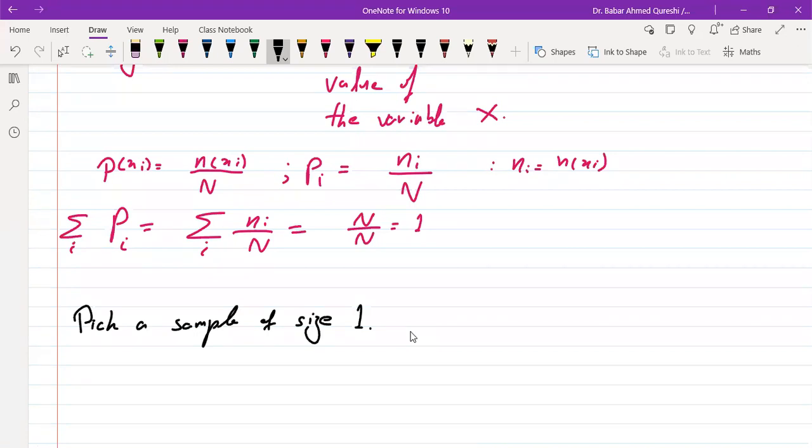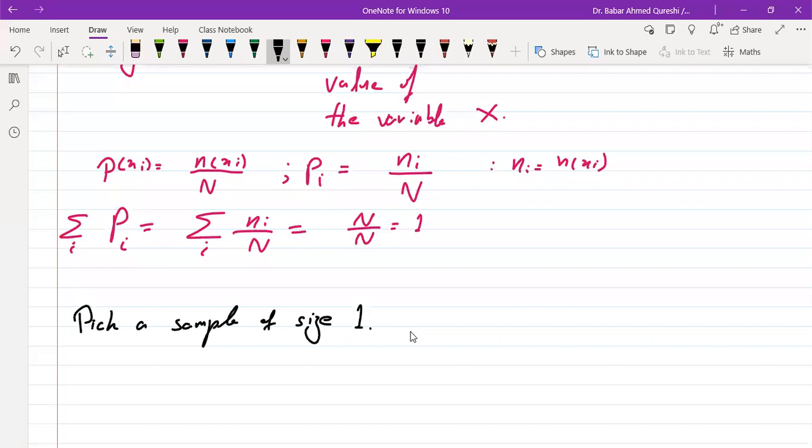Well, this is the main assumption of independent sampling: each member of the population is equally likely to turn up in my sample, but not each value of the variable.